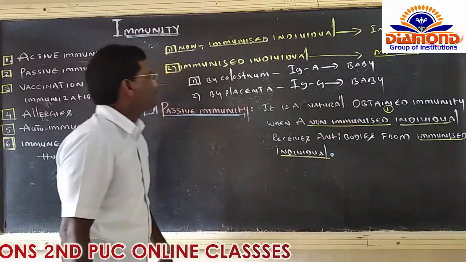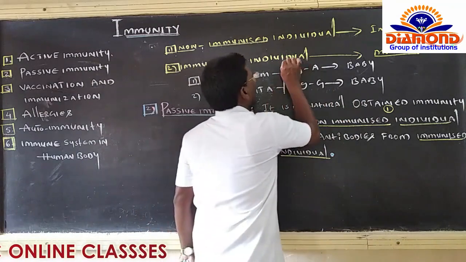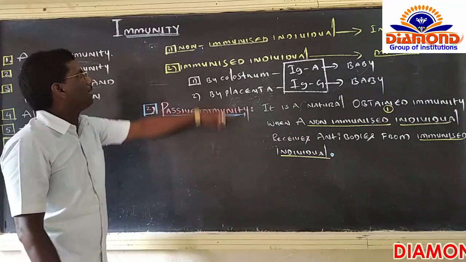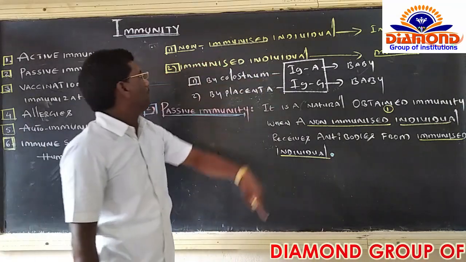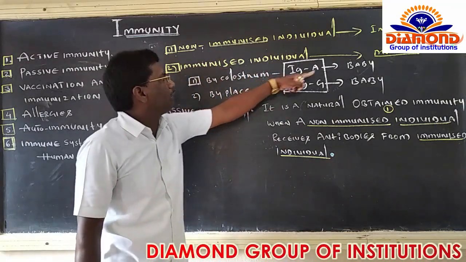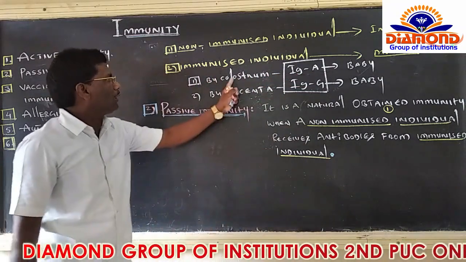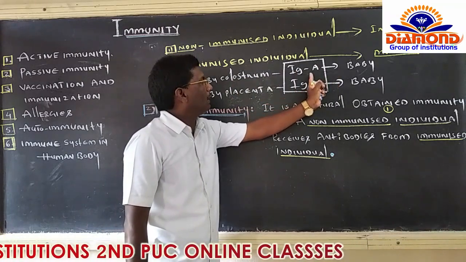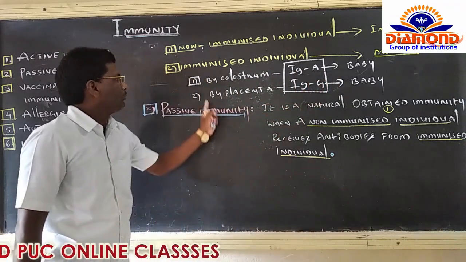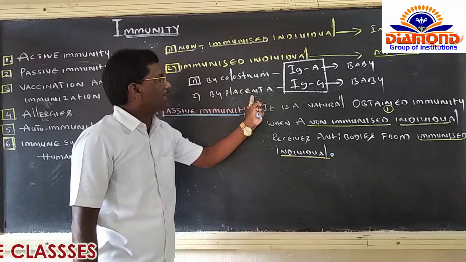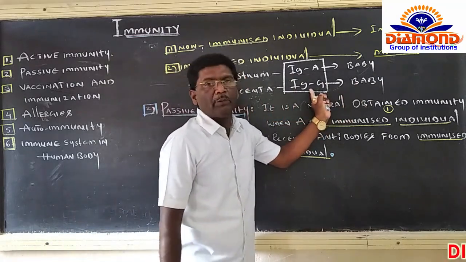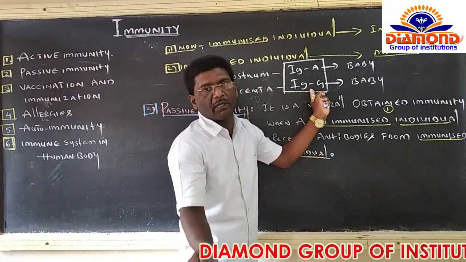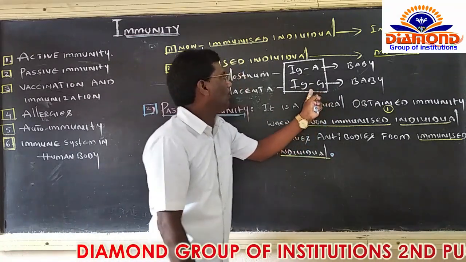through the placenta. So according to this, a non-immunized body becomes an immunized body. Remember, non-immunized individual means baby, and immunized individual means mother. By colostrum, the baby can obtain immunoglobulin A from the mother. Through the placenta during pregnancy, the baby can obtain immunoglobulin G from the mother's body.